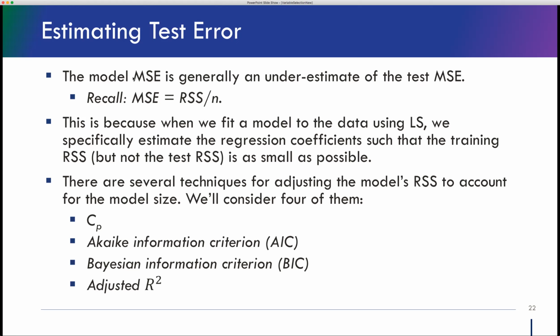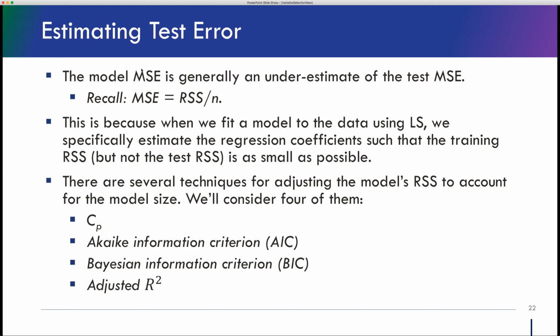If you still remember, we used the mean squared error to quantify how well the model fits, and we know that this mean square error is generally an underestimate of the testing mean square error.